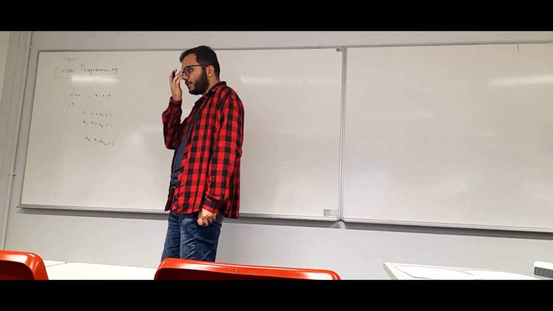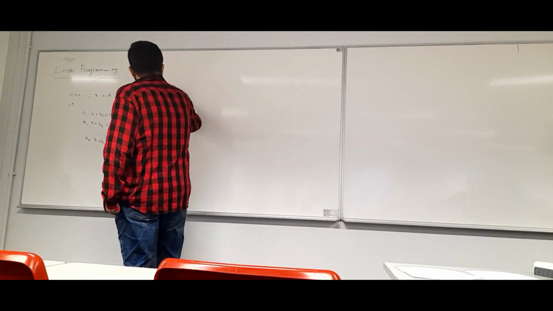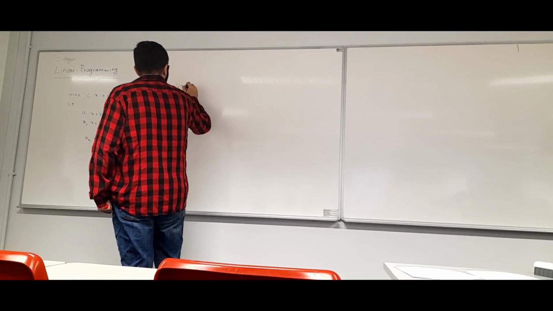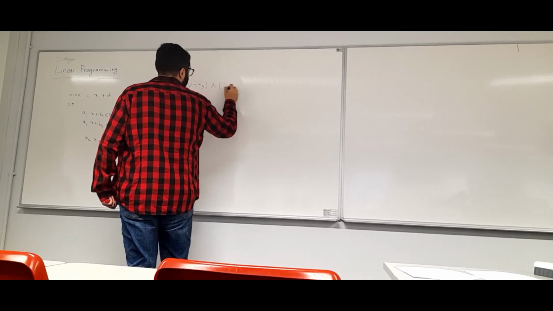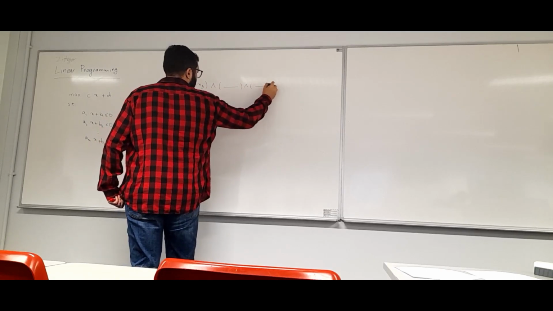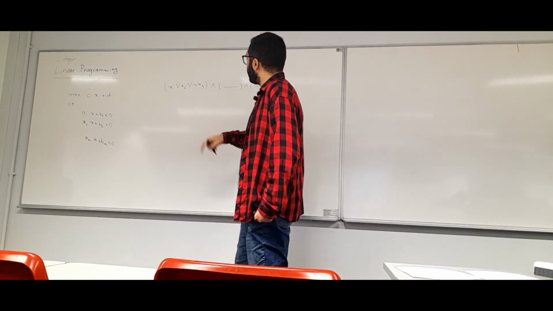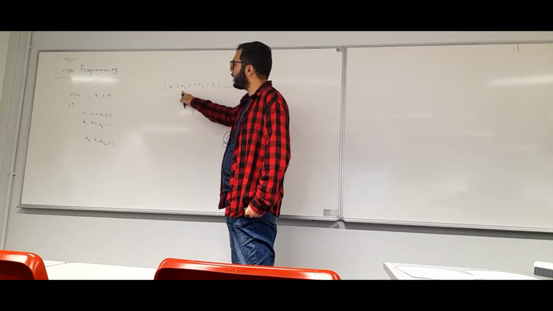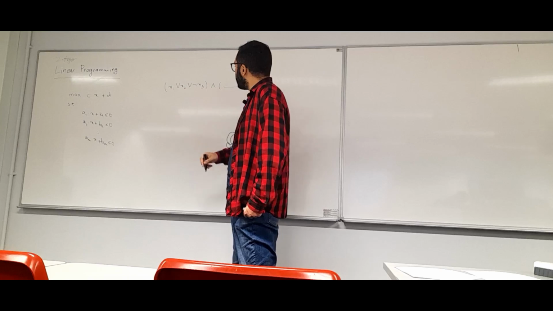So consider, for example, a 3-SAT instance. Let's say I have something like x1 or x2 or not x3 and some other clause and some other clause. What I can do is that I can just create one variable in my ILP for each one of the Boolean variables in my 3-SAT instance, right?